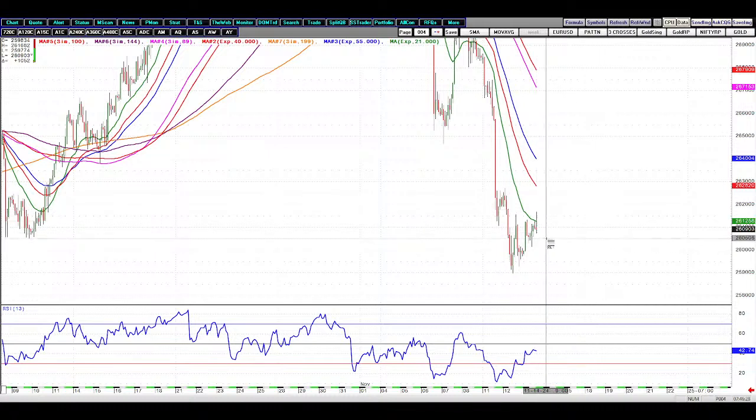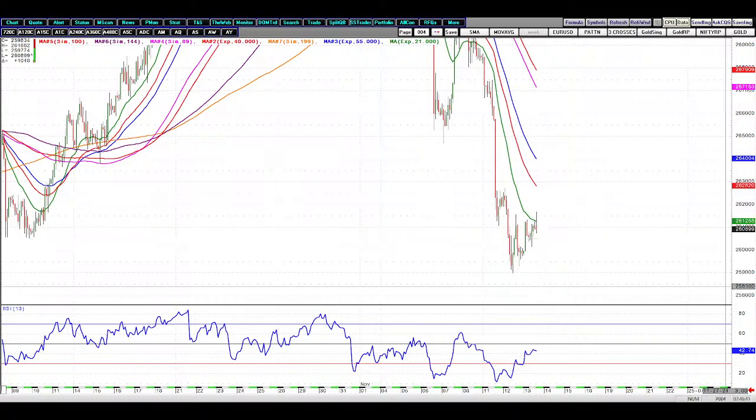We are testing that 2608. See whether the 7.5 breaks. Now can we lower our stop to 11?